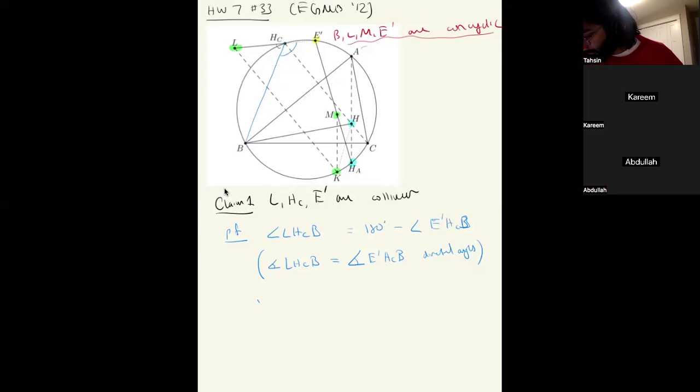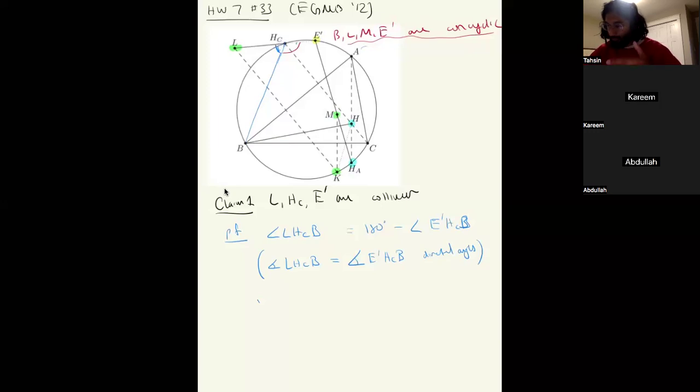So let's make the small one blue and the big one red. I'll mark this in blue and this one in red. So one place you can start is this blue one.